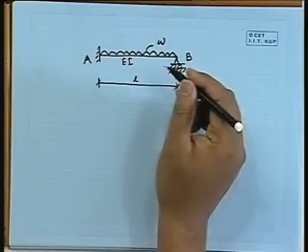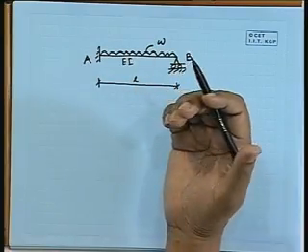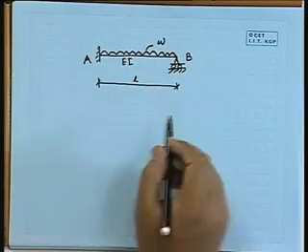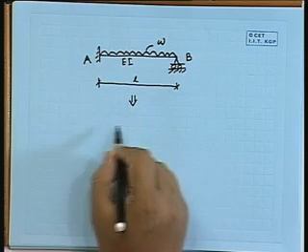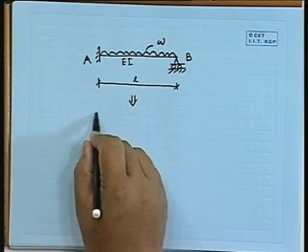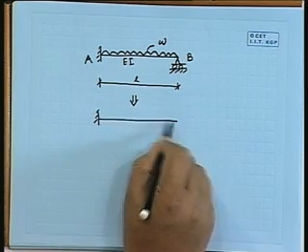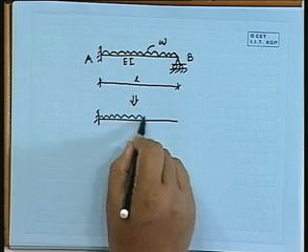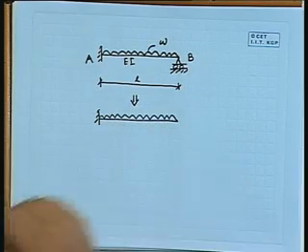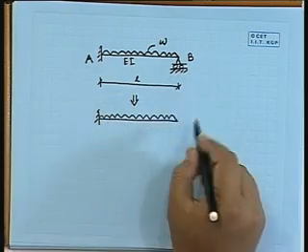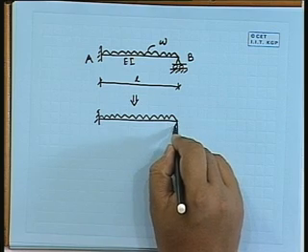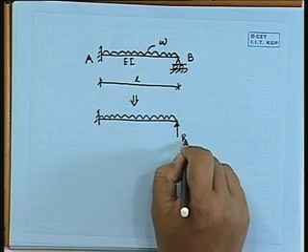Now, how can the problem be handled? This problem we can just write in this form. Say it is a cantilever problem with that load plus that roller here, which will give a reaction RB.